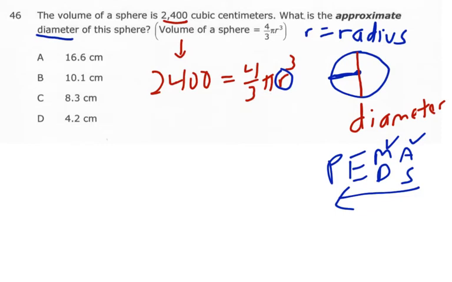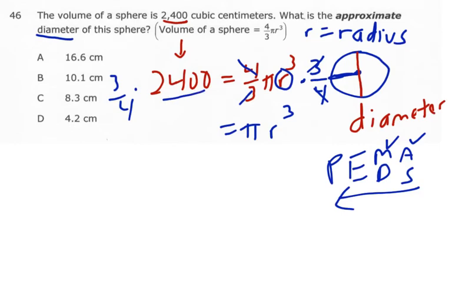So if I want to get rid of that 4/3, I can do times the reciprocal. I could divide by it, but dividing is just multiplying by the reciprocal. So if I multiply by 3/4, that's going to cancel out my 4's and my 3's and make that 1. Then I'll be left with pi r cubed. And then just multiply 3/4 times 2400/1.